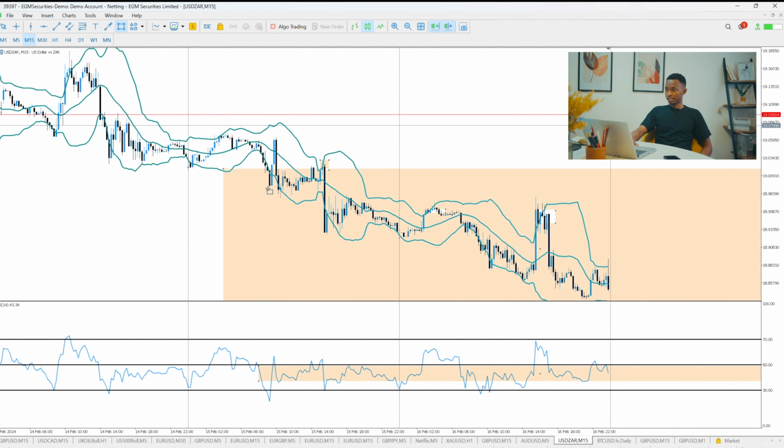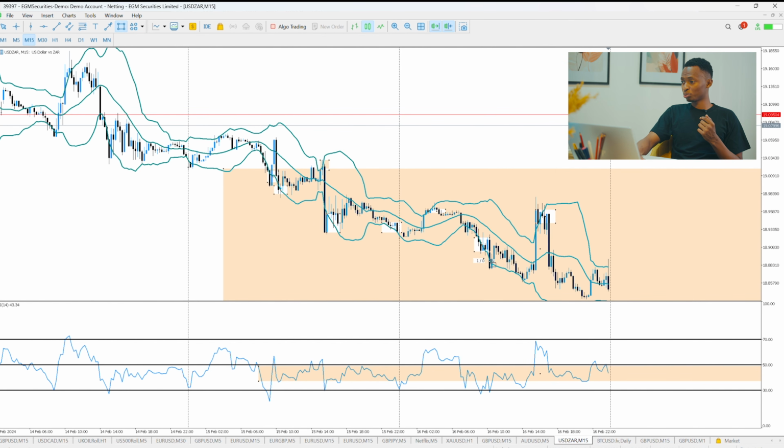And why is that important? Because if you look at the number of times price touched the lower band, it's not all the times that the price reversed. It's only, let's see, this is 1, this is 2, and we have another section over here. Remember, the smaller time frame is just a more detailed view of the higher time frame.